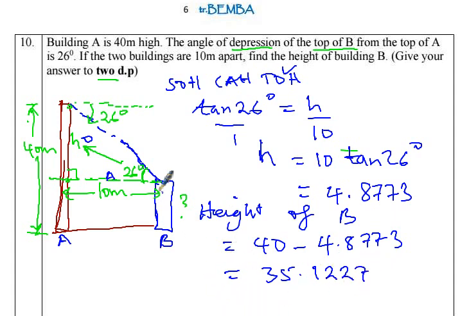Is that our final answer? No, remember we are supposed to give our final answer to 2 decimal places. So I have 35.12, the next number is a 2, so I just round it down. So that means I have 35.12 meters. And that is now our final answer.